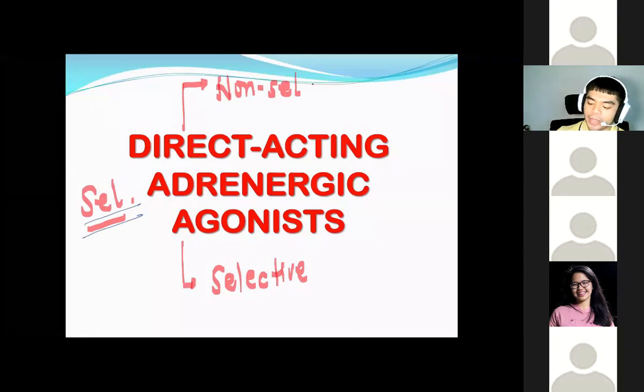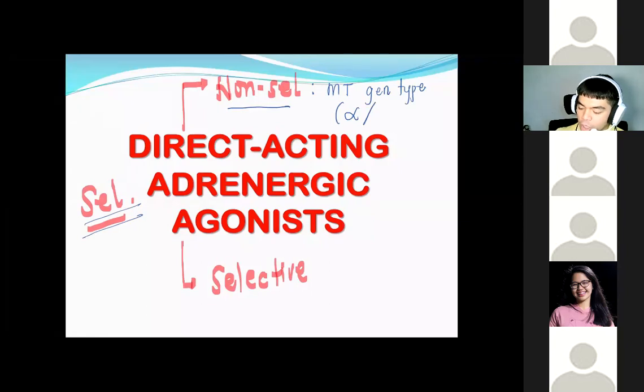Kapag ang sympathomimetic ay hindi maarte sa receptor, non-selective yon. Ibig sabihin, ang pinupuntahan ng gamot ay more than one general type ng adrenergic receptors.